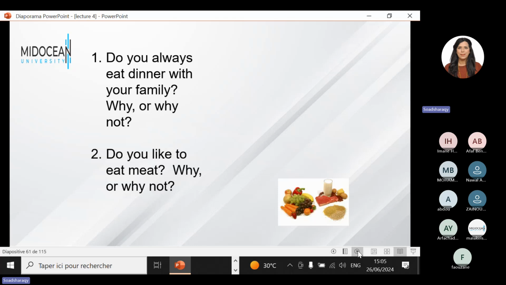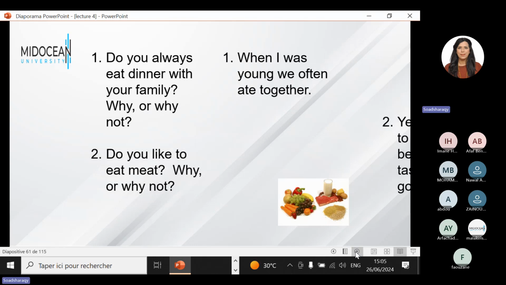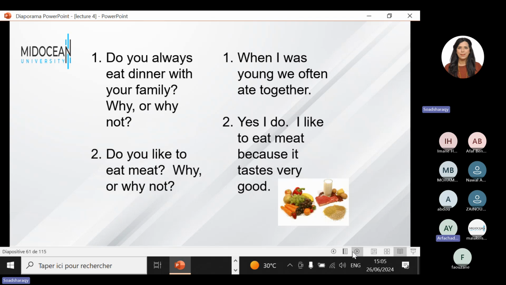Do you like to eat meat? Why or why not? Question number 2. Here you have an example. Yes, I do. I like to eat meat because it tastes... How does it taste?